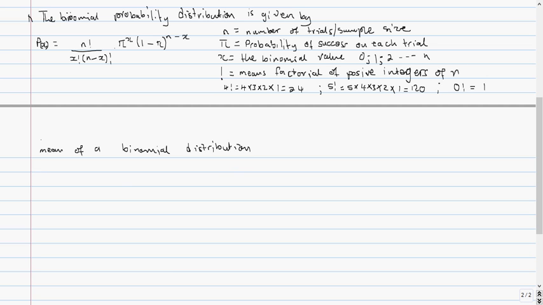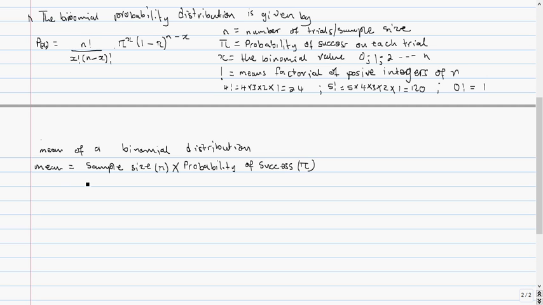So mean is equal to sample size, basically n multiplied by probability of success, which is pi as previously mentioned.